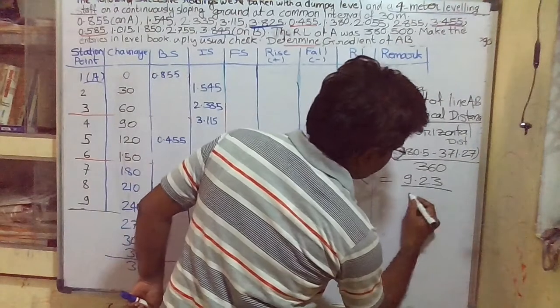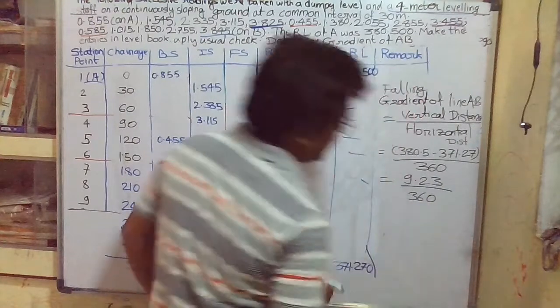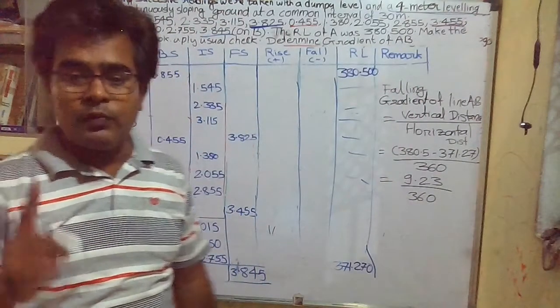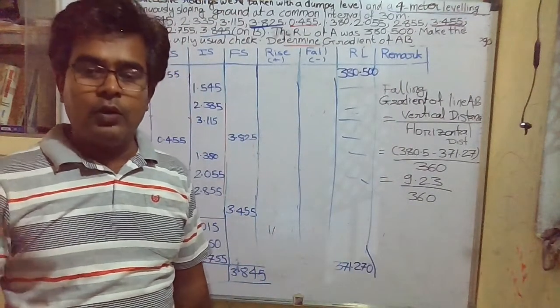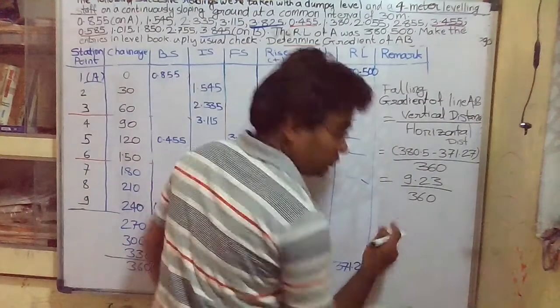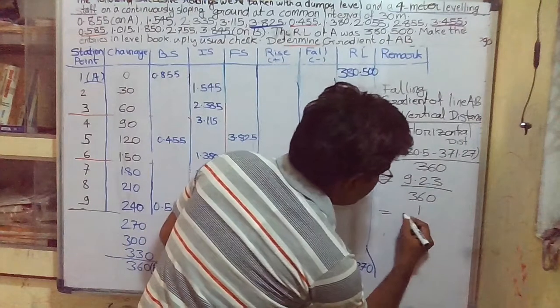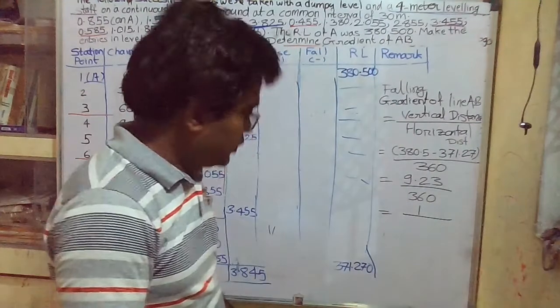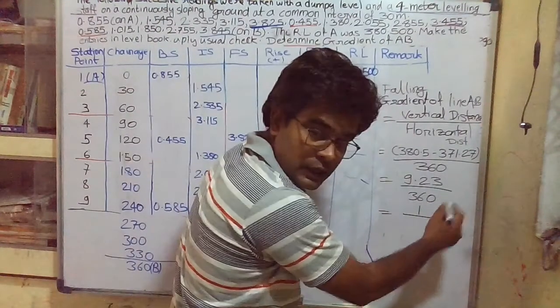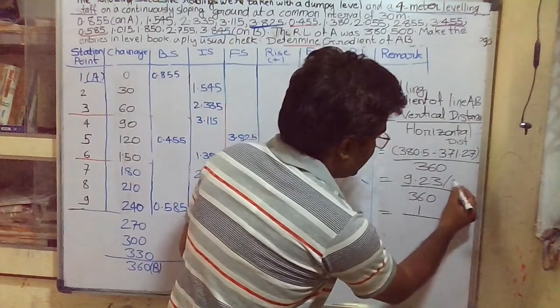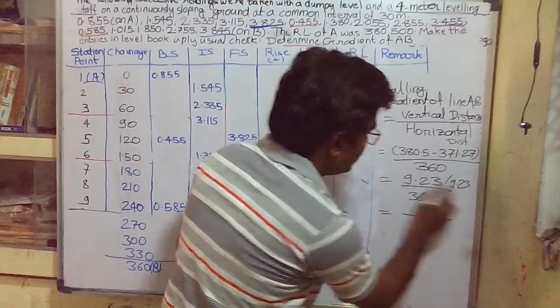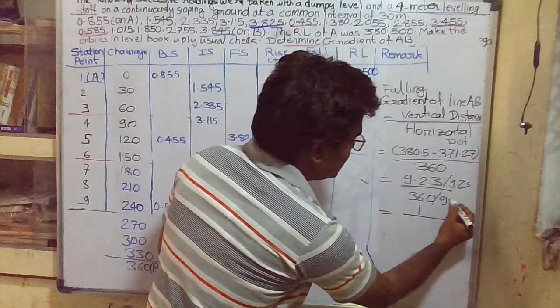divided by 360. And here we will write the gradient always in the form of 1 vertical to how many horizontal. So here we will make 1 at the top. To make 1 at the top, we have to divide the numerator and denominator by 9.23.